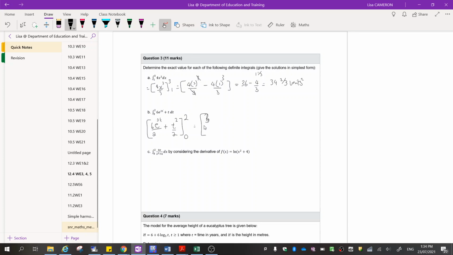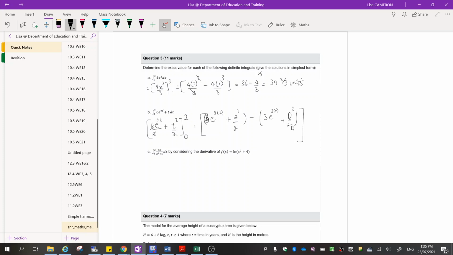So I'm going to simplify this one to just be 3. So 3 e to the power of 2 times 2 plus 2 squared over 2 bracket minus 3 times e to the power of 2 times 0 plus 0 to the power of 2 over that.